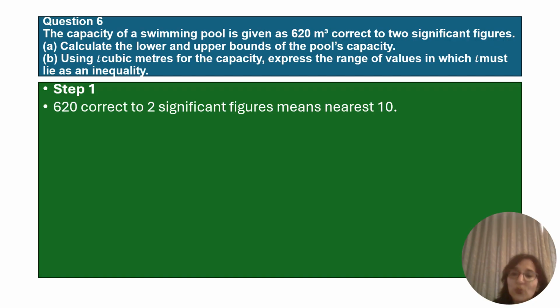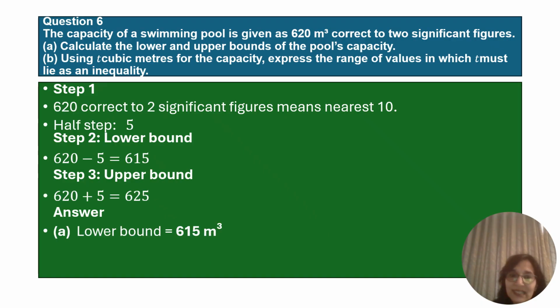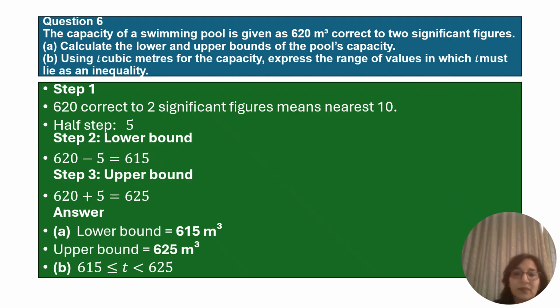Children, 620 correct to two significant figures means nearest 10. So what is the half step here? 5. So lower bound will be 615. Upper bound 625. So the lower bound is 615 cubic meter and upper bound is 625 cubic meter. So likewise you have to put this in the inequality.